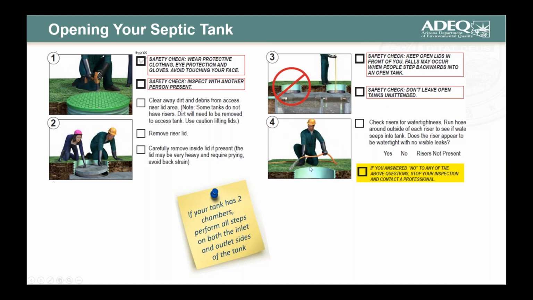Now, this is a key point. You want to check the risers for water tightness. One method of doing that is watering around it and seeing if water starts appearing through the joints in the riser. And this procedure that I'm citing from here was actually developed by the state of Washington. The state of Washington requires that septic tanks be inspected on a regular basis.